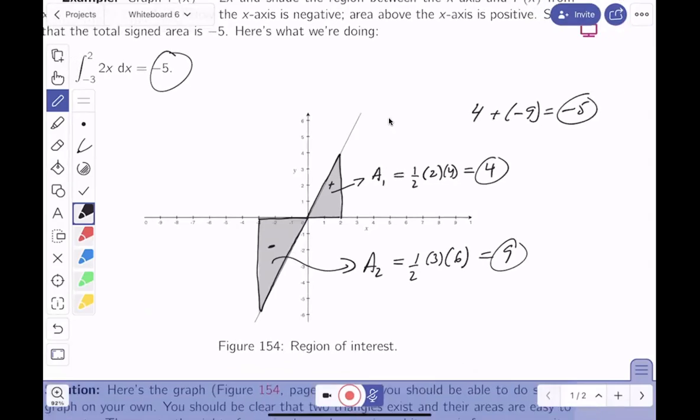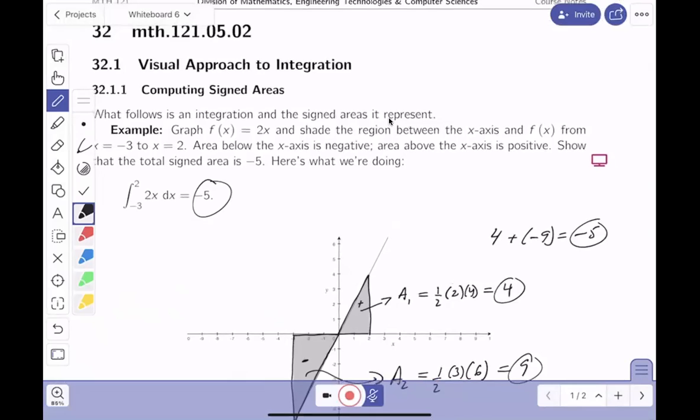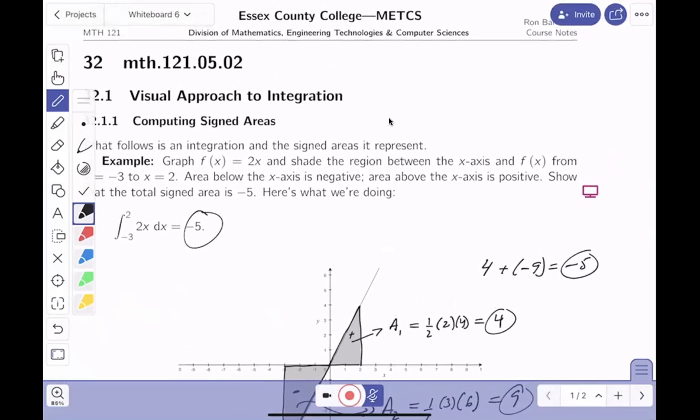Now, something to say is, okay, what if you didn't give me the picture? Could I have done that? Well, what I want to do is visualize what they just said. They said graph f of x equals 2x. I'm going to visualize now. That to me looks like this over here. I just graphed this and shade the region between the x-axis and f of x from x equals -3 up to x equals 2.